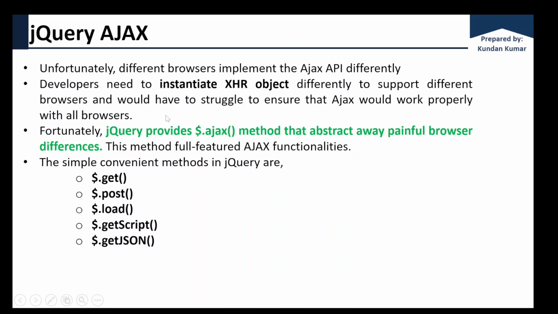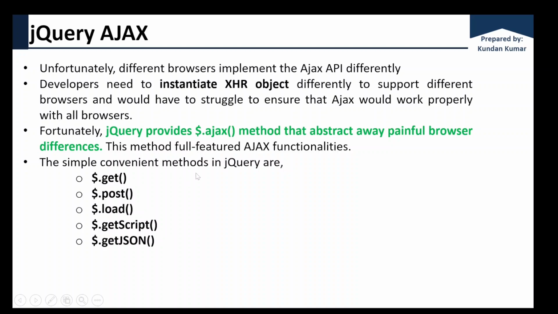What does it mean? Before jQuery AJAX, the developer had to define their own AJAX API differently for the different browsers. But fortunately, jQuery provides an AJAX method that abstracts away painful browser differences. This method has full-featured AJAX functionality.